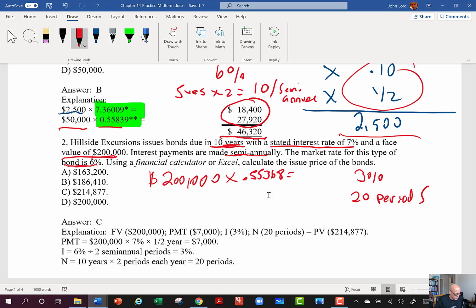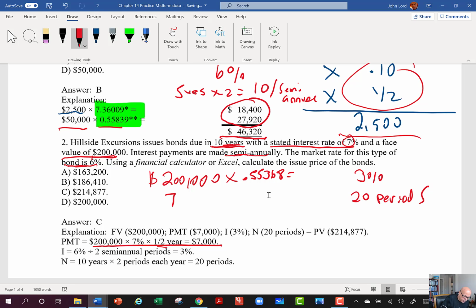But then I also have to figure out what the semi-annual interest is. It's $7,000 every 6 months, because we took the 7%. Again, we use the stated rate, coupon rate, contract rate, all synonymous terms, and then because it's semi-annual, we multiply that by 1/2.